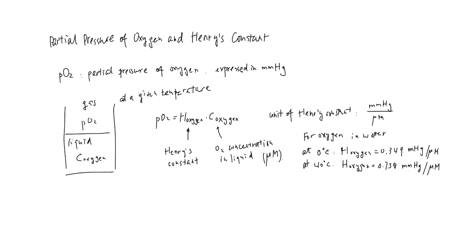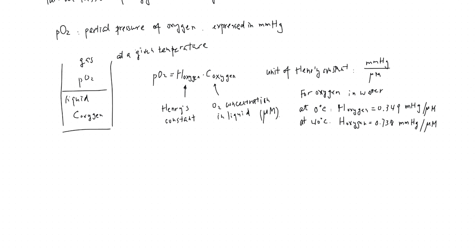Now let's talk about the Henry's constant for oxygen in blood. It also varies with temperature. So we are interested in body temperature, a physiologically relevant temperature.